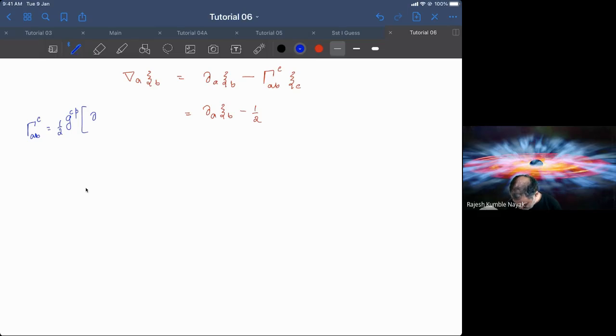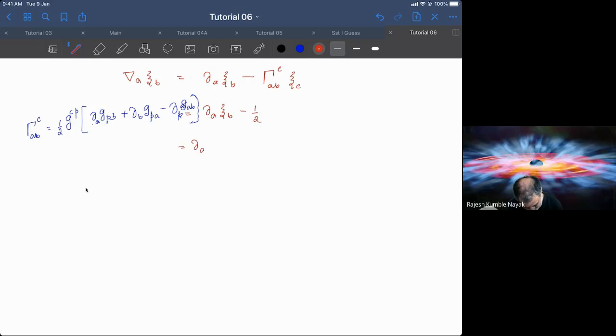That is G A GPB, A, plus GB GPA minus GP GAB. This is a mess. Okay, so let's rewrite below.